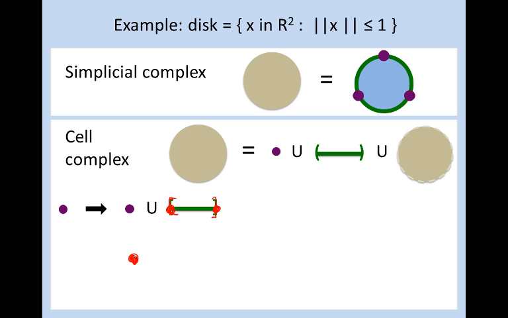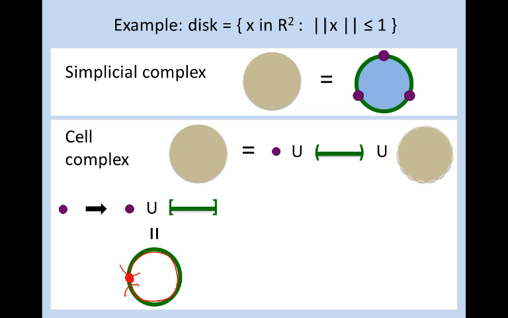Since I only have a single vertex, both the endpoints must be glued to the single vertex, and so I am required to add a loop right here. So this entire boundary had to be glued to the vertex, and so we get a circle. Note that the circle consists of a vertex and an open interval right here.